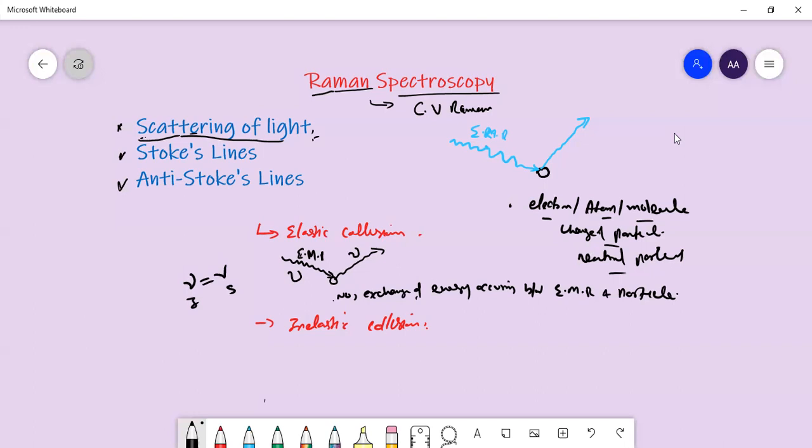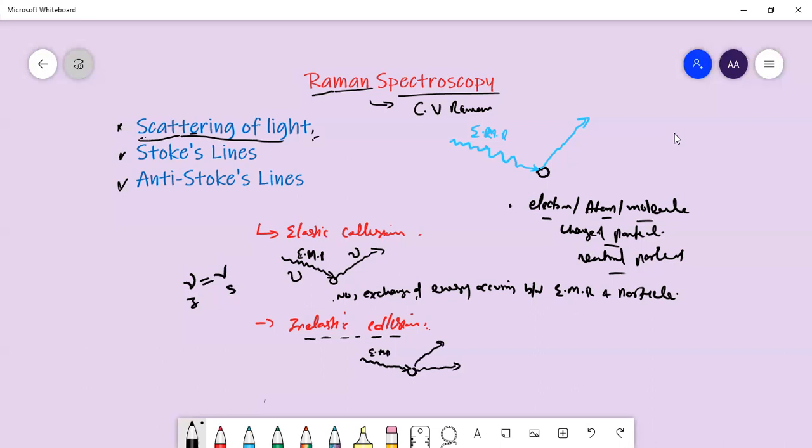Now, the second kind of interaction that could occur here is the inelastic collision. Inelastic collision means when electromagnetic radiation interacts with these particles, after striking these particles, there will be a change in the energy of the scattered rays.